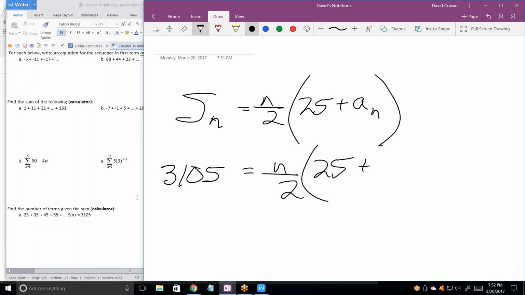And what she did next was write this, and I assume she meant that was a sub n. Yeah, and she ended up with a quadratic, if I remember right.